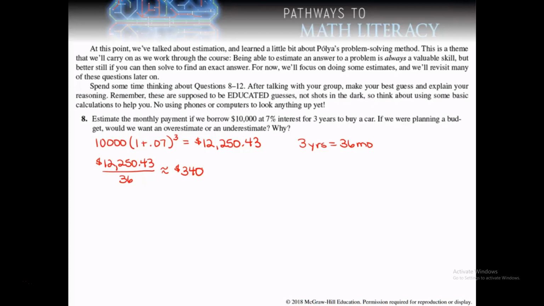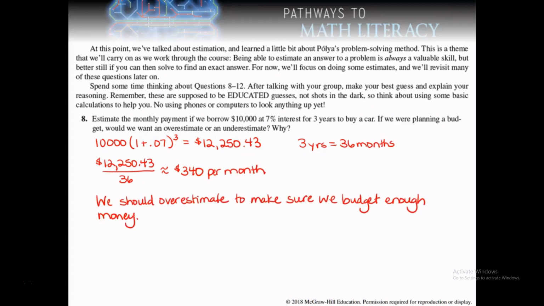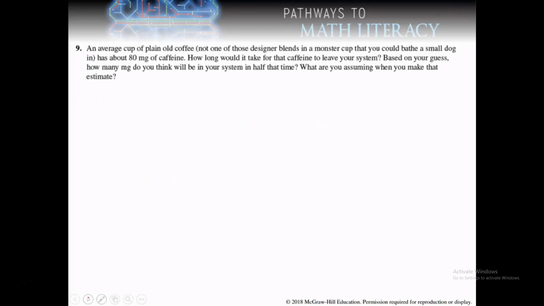In 9, an average cup of coffee has about 80 milligrams of caffeine. So how long do you think it would take for that caffeine to leave your system? We aren't really given any information to make an educated guess on this, so I would think when I have a cup of coffee after dinner, it can still affect my sleep, so it's obviously still in my system.